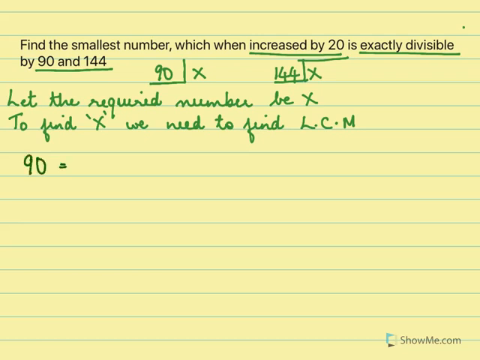Prime factorization of 90 is 3 squared into 2 into 5, and the prime factorization of 144 is 2 raised to 4 into 3 raised to 2.